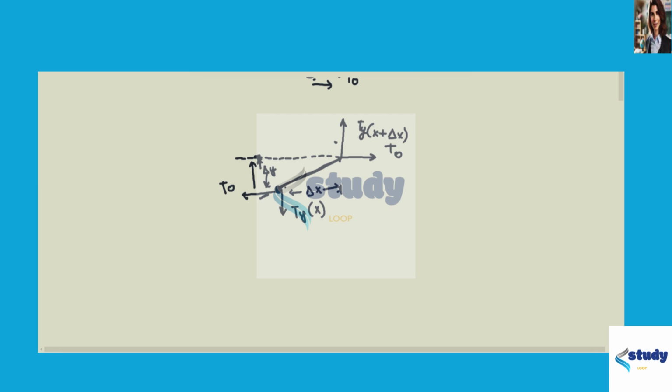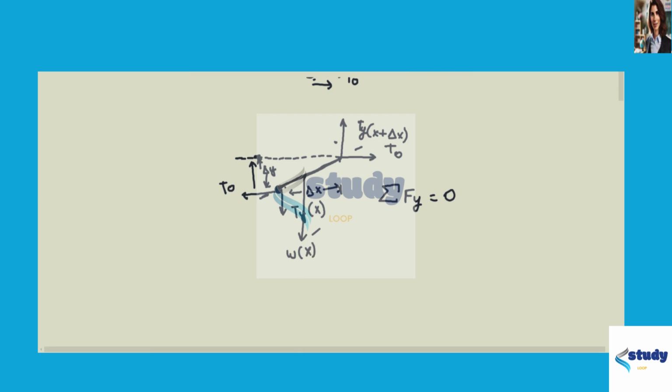Okay, so let's solve for this, and we know that the cable is in equilibrium, so all the forces present in the y direction should cancel out each other. So summation of the forces in the y direction should be equal to 0. Other than these two forces, one more force will be acting downwards, that is the weight of the cable, and we know that Wx is the weight per unit length of the cable.